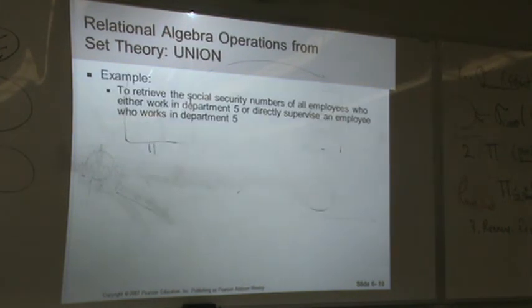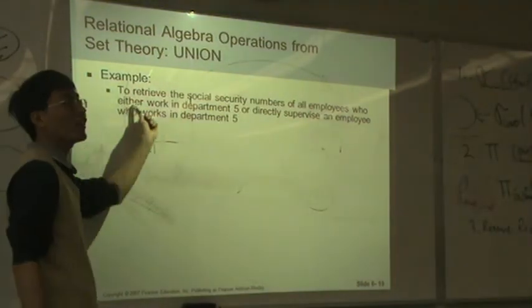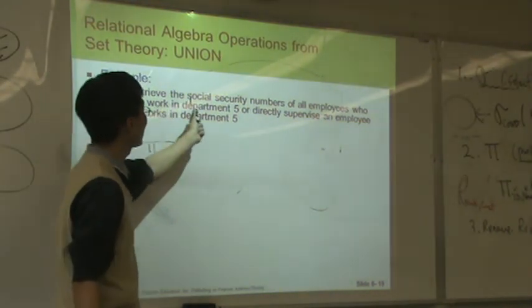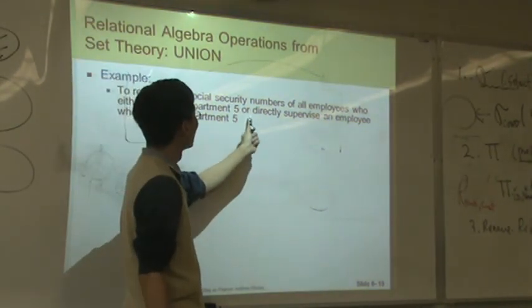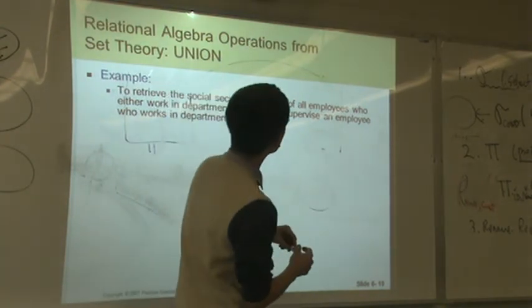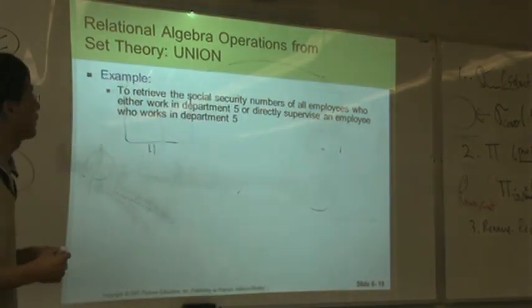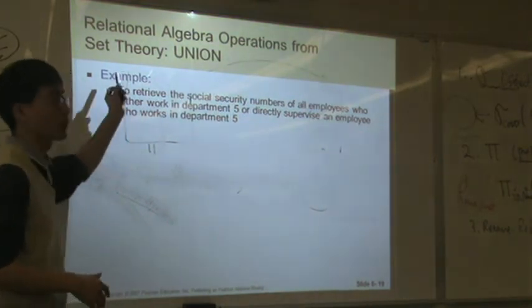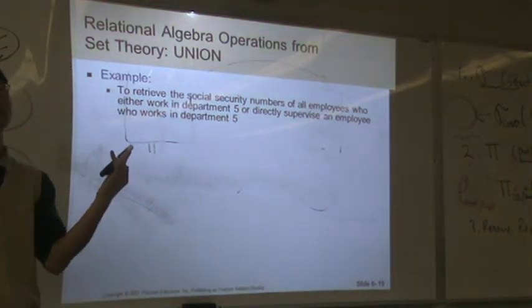return the social security number of all employees who either work in department 5, or directly supervise an employee who works in department 5. You need to use the union operation. We can consider this problem as two small problems.